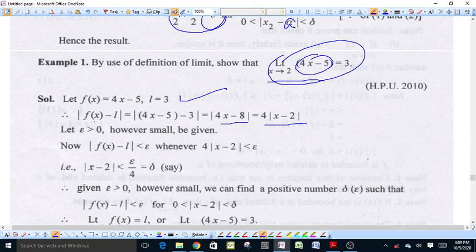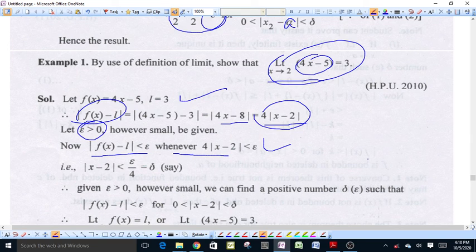Let epsilon, a very small positive number, be given, then f(x) minus L is less than epsilon whenever 4 into modulus of x minus 2 is less than epsilon.